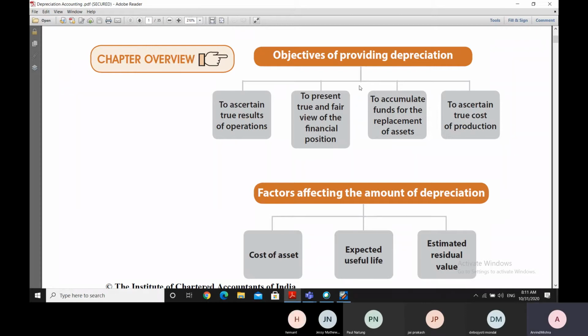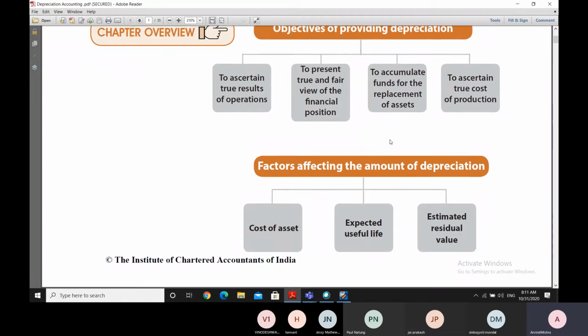Then we have the view of the financial position. Results means profit or loss. View of the financial position means how many assets and how many liabilities we have. And the cost of production is necessary to understand how we value our inventories. Besides, cost of production is also important to know at what price we should be able to sell our products so that we get adequate margin and are able to be competitive in the market.